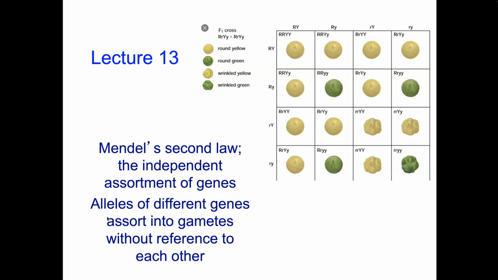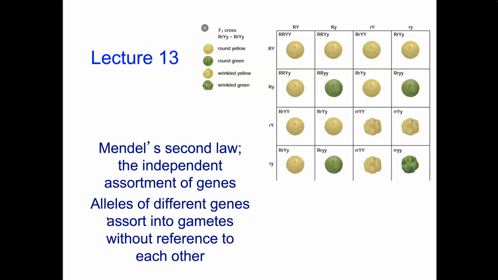And he determined, fortunately, that the alleles of one gene assorted into gametes equally likely to get the dominant yellow or the recessive green allele if you had a heterozygous individual, but that the assortment of the yellow gene and the round versus wrinkled P gene did not assort with any reference to each other.